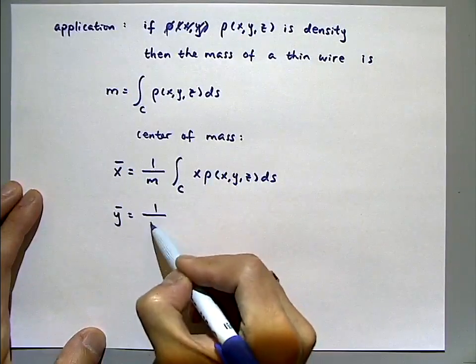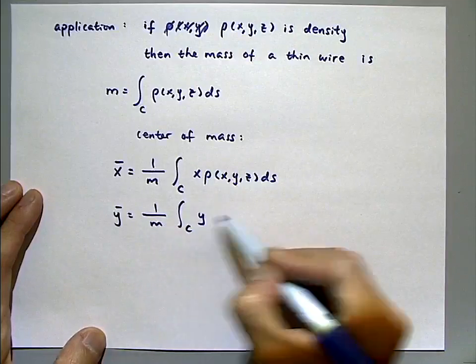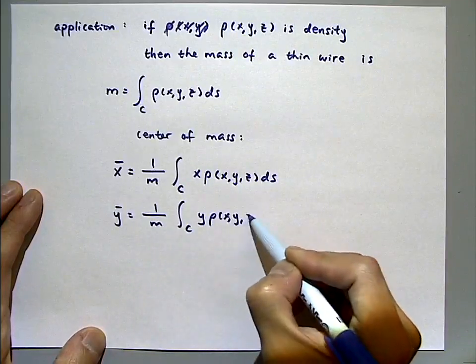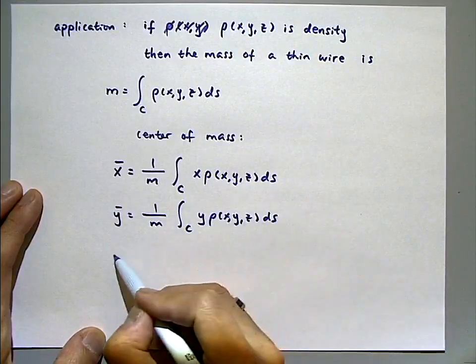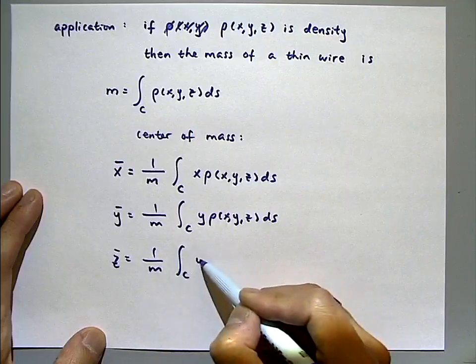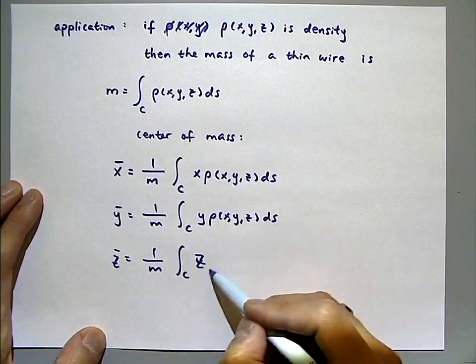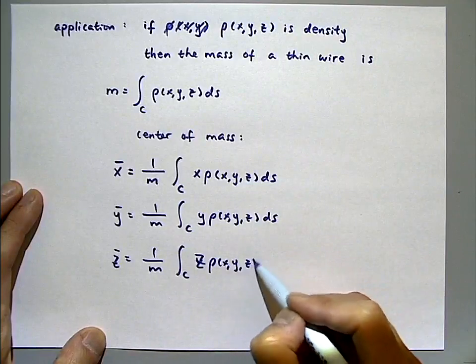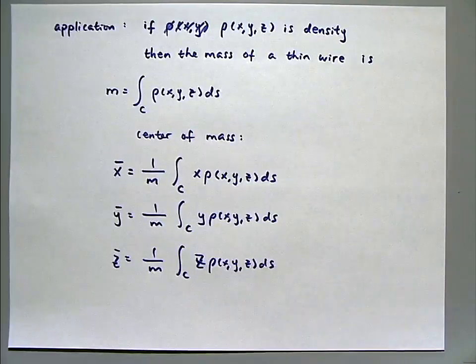Y bar is 1 over m, line integral y rho ds. And finally, z bar is 1 over m, line integral z rho of x, y, z ds. And again, these formulas come from the same principle that we use to derive the formulas for the mass and the center of mass of a thin plate. Exactly the same idea.